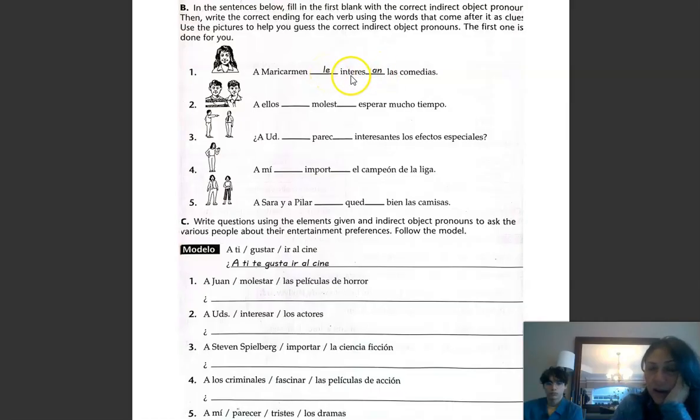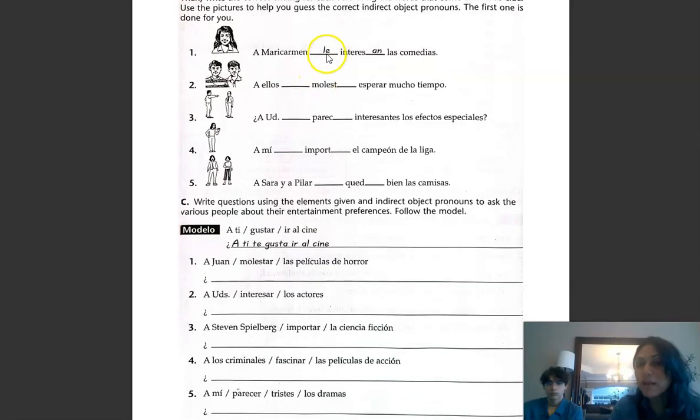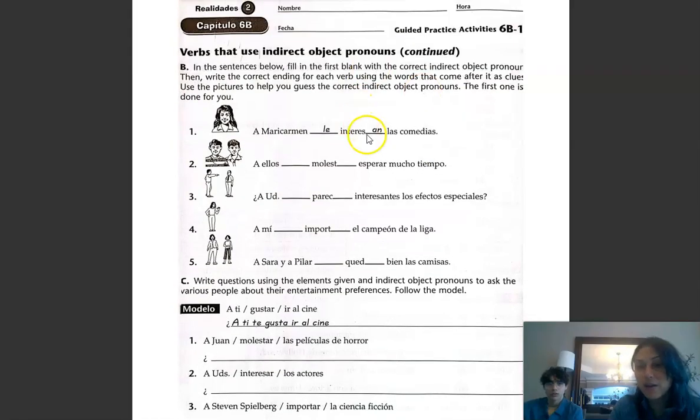And then on the verb that uses indirect object pronouns that go together, you're going to put the ending. So you're going to have to look at the subject. Don't look at the pronoun here and don't look at the clarification. You got to look at the subject and that gets conjugated based upon the subject, okay?